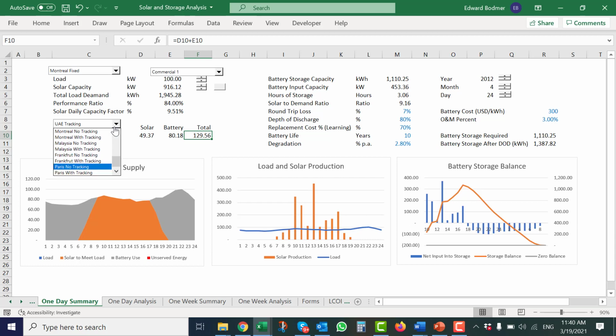Where are we? We're in Montreal, no tracking. Aha. I don't have to redo that, but our solar cost was higher because we have less capacity factor, and now we're up to 14.6 cents.